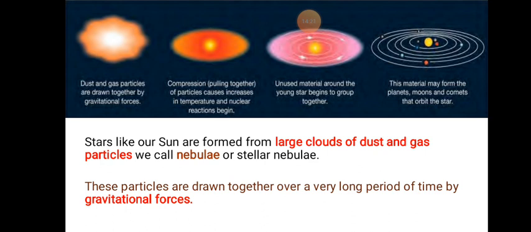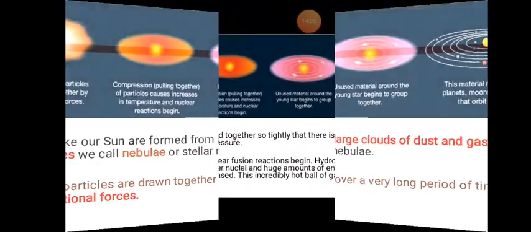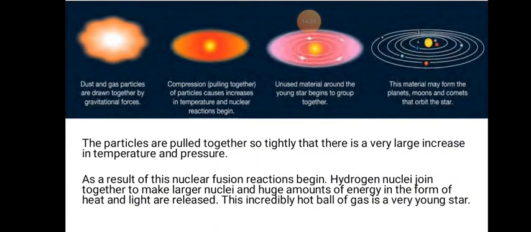This is all according to the theory. Later the temperature increases. They become so tight, and there is a very large increase in the pressure as well as in the temperature. As a result of this, nuclear fusion reactions begin.